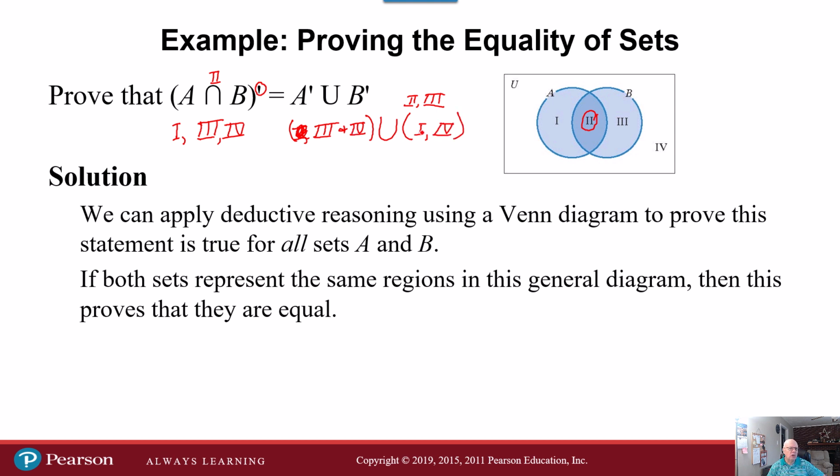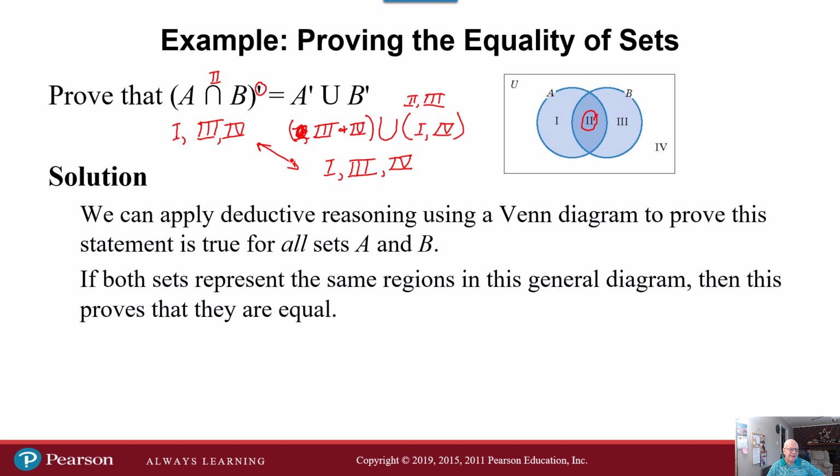Now what's the union of those two? Well, you dump everything together. 1 would be in there because it's in one of those. You don't see 2, so you don't put that down. 3 is in one of them, so it gets in. And 4 is also in. 1, 3, and 4. Now, compare these results.